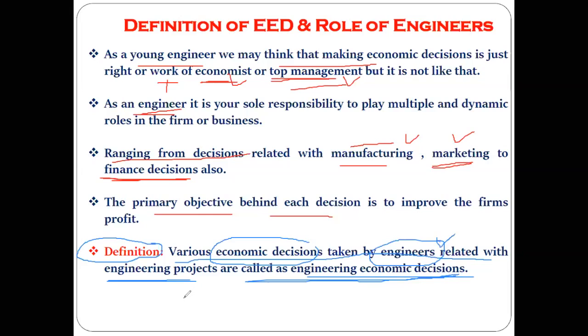If you select this XYZ project, then how much cost will be required to build that project? Then what can be the other factors which come under economic decisions related to any engineering project? Or you can take the example of our field only.